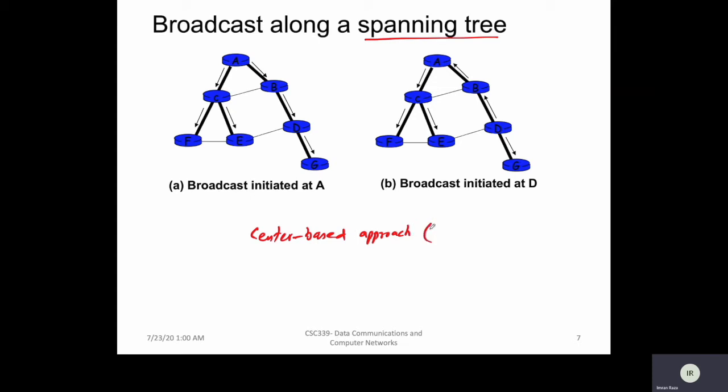So the node for the center-based approach is also called rendezvous point.